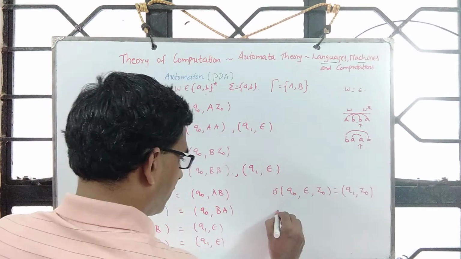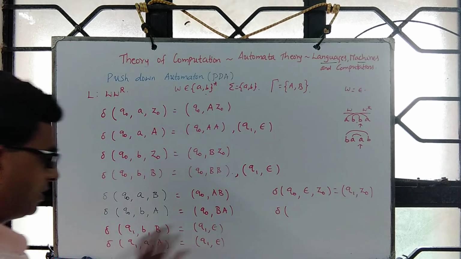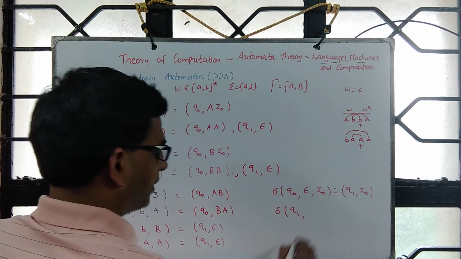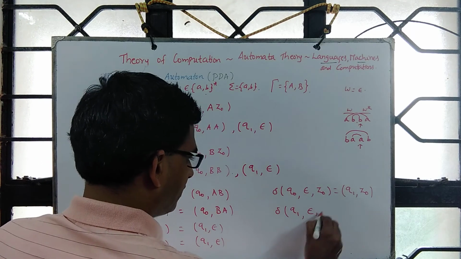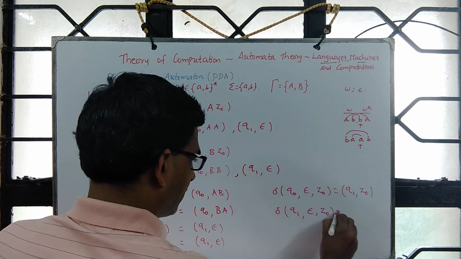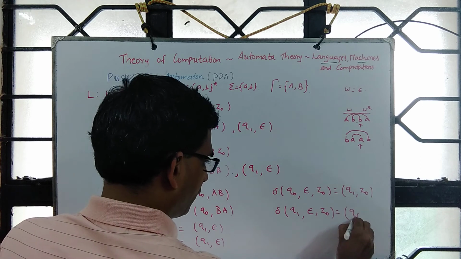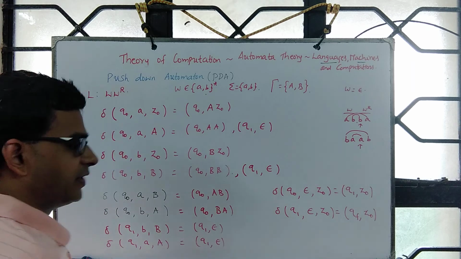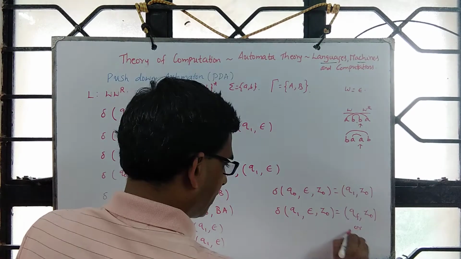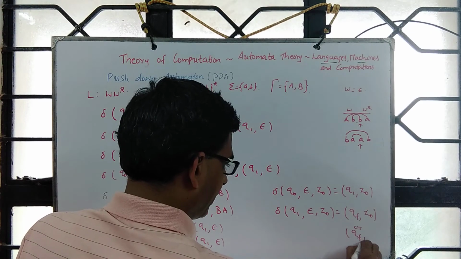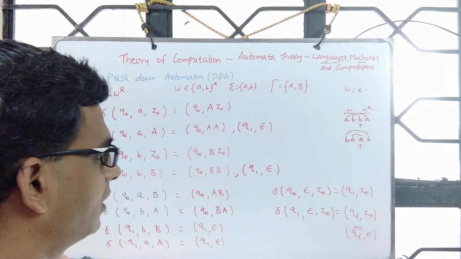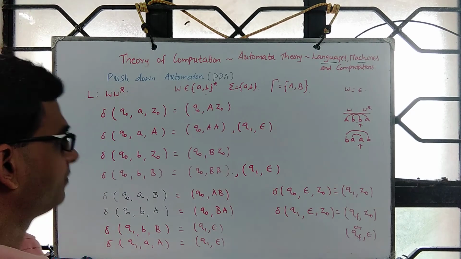Now we are done with this, and once you are done with this, you will be at Q1. You read nothing. Top symbol is Z naught. You can go to the final state and keep Z naught, or you can empty the stack. Okay, so anything is fine.